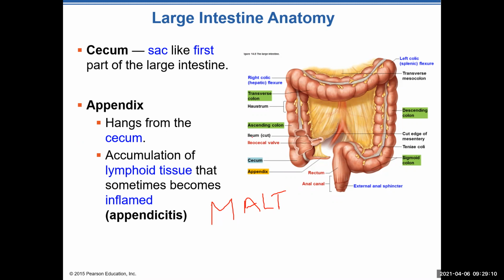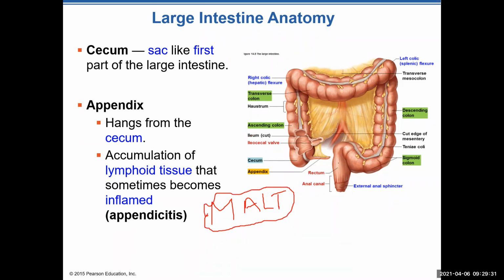Since we have a lot of gut flora in the large intestines, your gut is populated by so many bacteria. At the same time, we might need protection against various microorganisms. For that we have the MALT, mucosa associated lymphoid tissue.